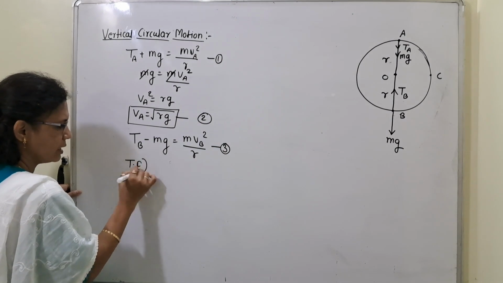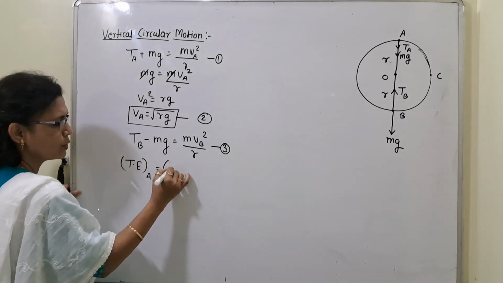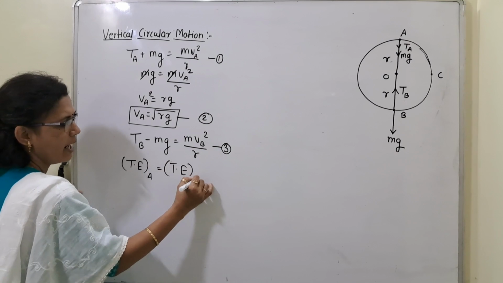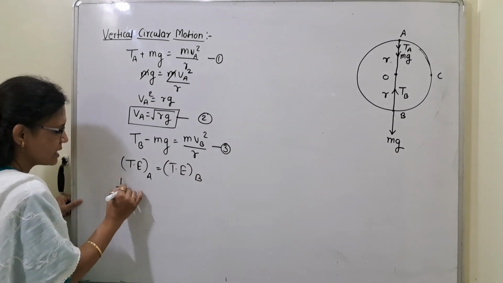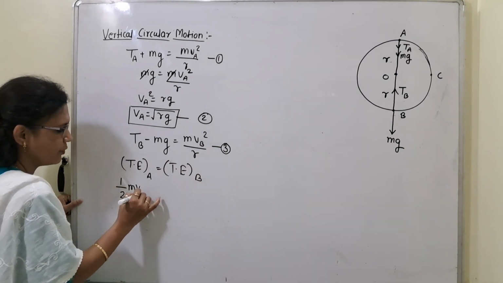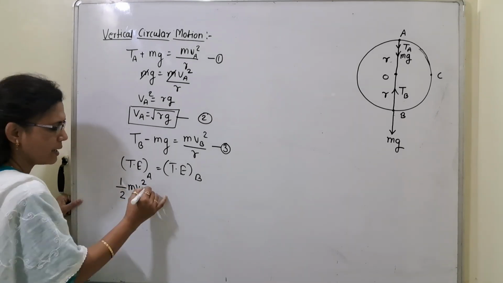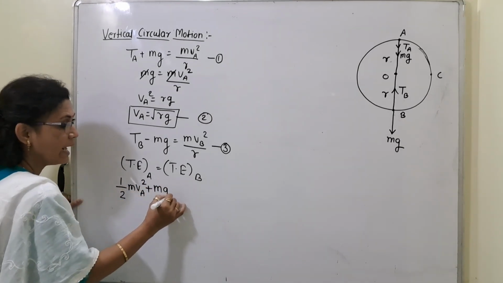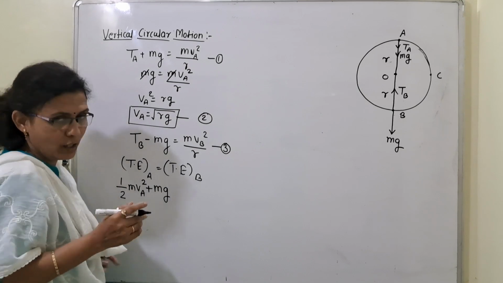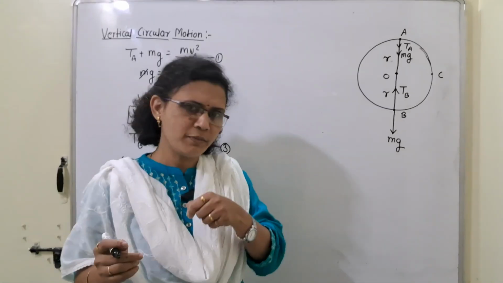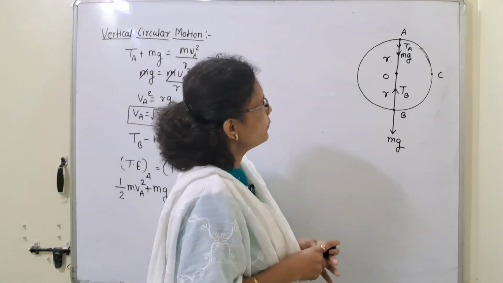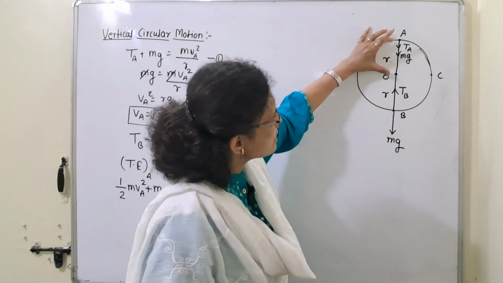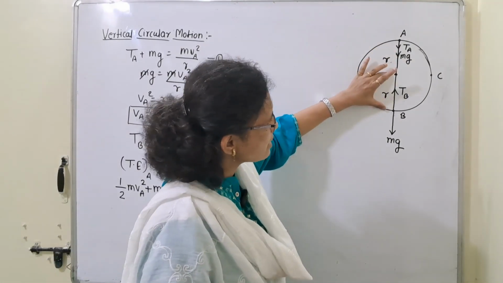Total energy at point A is equal to total energy at point B. What will be the total energy at point A? That is kinetic energy, 1/2 mva square, plus mgh. What will be h here? Potential energy has the formula mgh. If you refer to this figure, this distance is r and this distance is r.